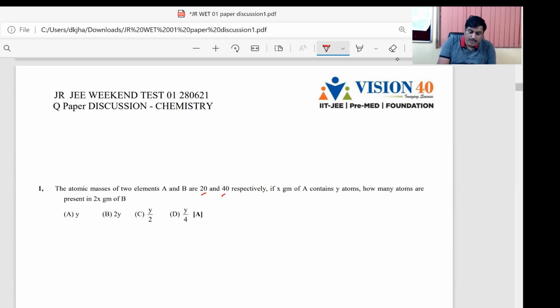So the atomic mass of A is equal to 20, the atomic mass of B is equal to 40.